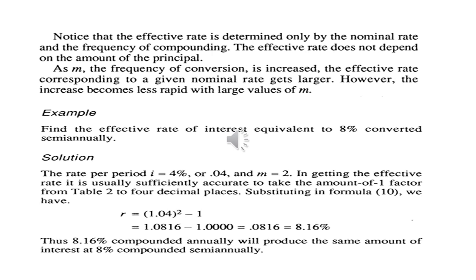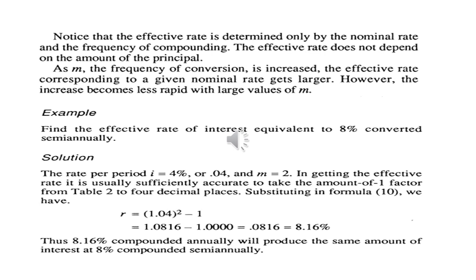Find the effective rate of interest equivalent to 8% converted semi-annually. Solution: the rate per period i equals 4% because it is semi-annually, and m equals 2, the conversion period. In getting the effective rate, it is usually sufficiently accurate to take the amount of one factor from table 2 to 4 decimal places.